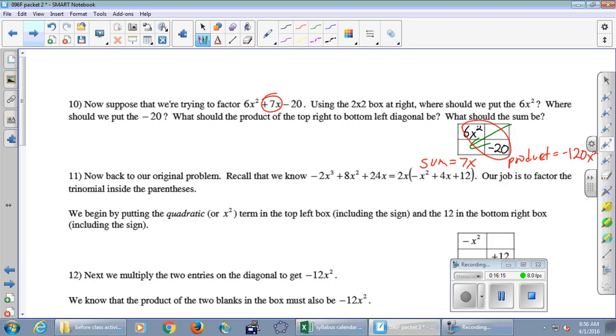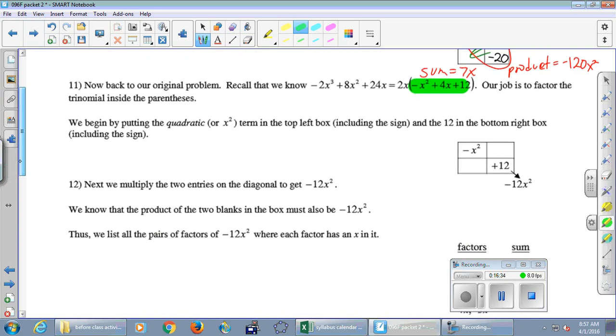Okay, so let's see if we can apply it to a problem where we didn't already have the answer. So we're here in number 11. We had that guy right there, and we factored out the 2x, and we were left with this thing here, which I will again highlight in green, trying to factor that thing in green. So coming down here to this box, we're going to put a negative x squared.